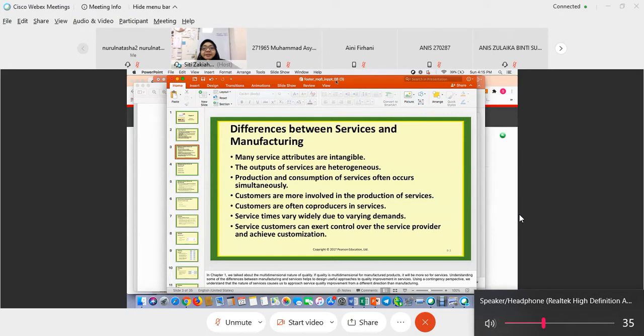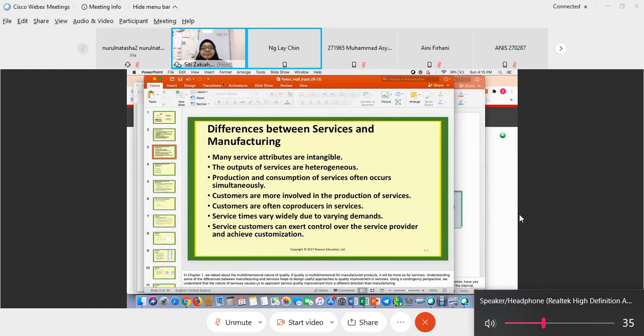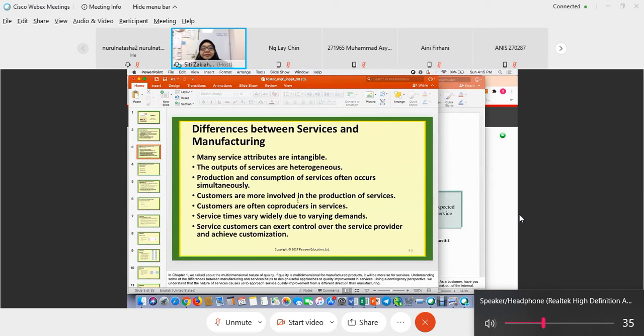Where is it? Means every service is different because the people who provide the service have different personalities. Yes, that's true. Every time you do a service, it will be different.